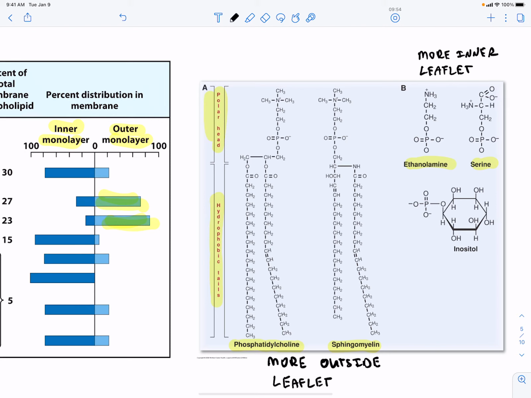Now, phosphatidylserine is very important. Phosphatidylserine is normally on the inside, but during apoptosis your lipid membrane inverts and phosphatidylserine goes on the outside.